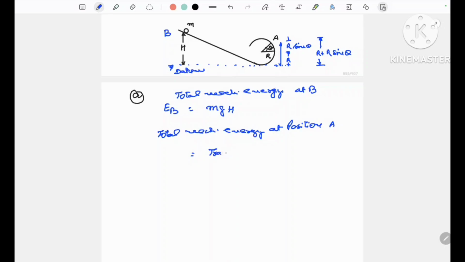translational kinetic energy, सपोज इसको हम KT से denote करें, plus rotational kinetic energy, this is KR, plus potential energy.